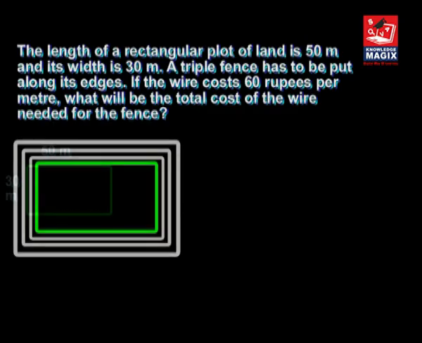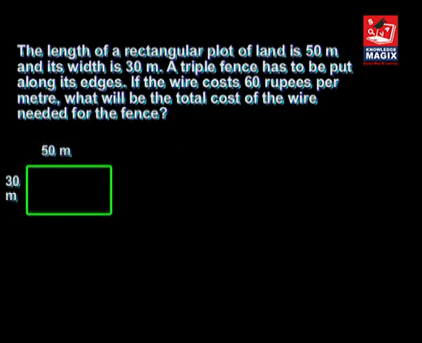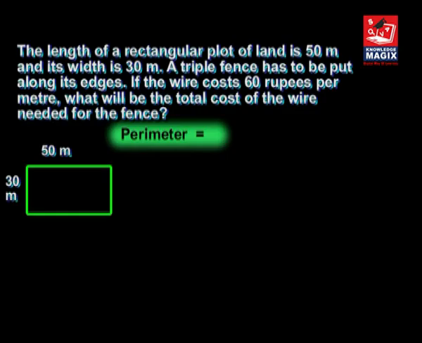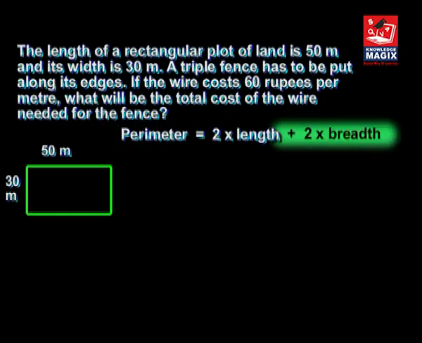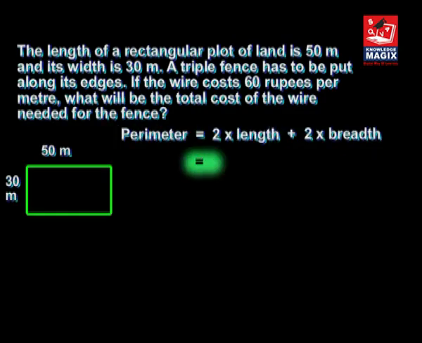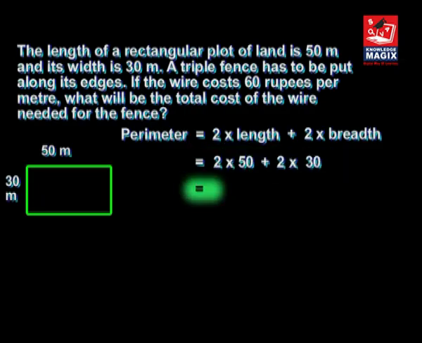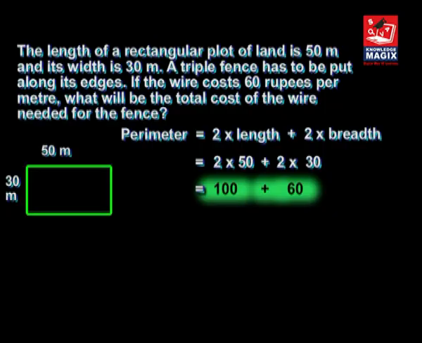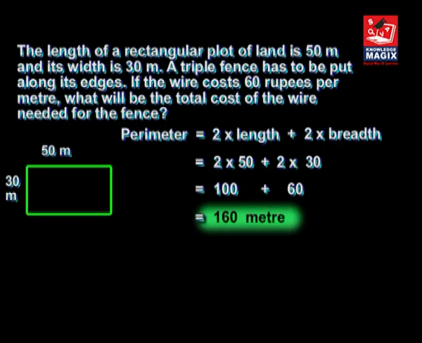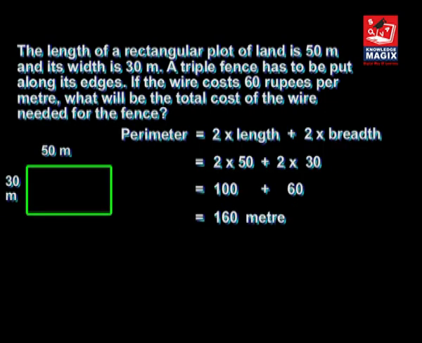First we'll find out the perimeter of the rectangular plot. So perimeter is equal to 2 into length plus 2 into breadth, equal to 2 into 50 plus 2 into 30. That is equal to 100 plus 60, equal to 160 meter.